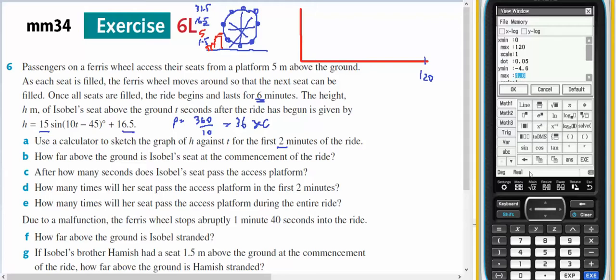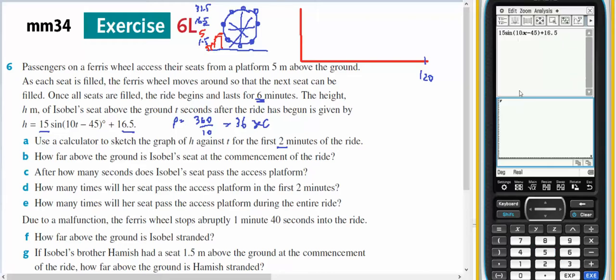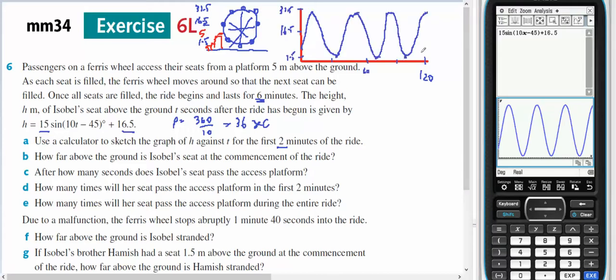And I know that I'm going to go up to maybe 35, and my minimum is 0. And there it is. I get 1, 2, 3 and a bit cycles. What would that look like if I drew it? Okay, so that's roughly what it looks like.